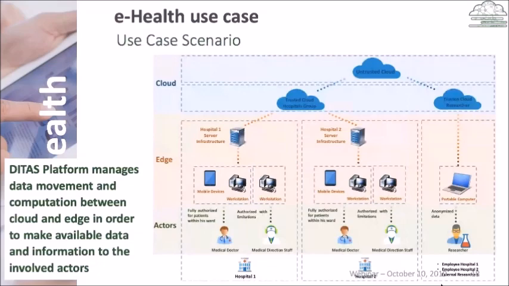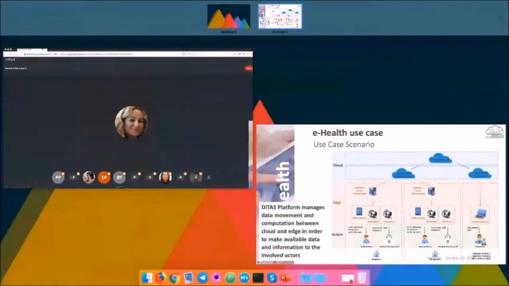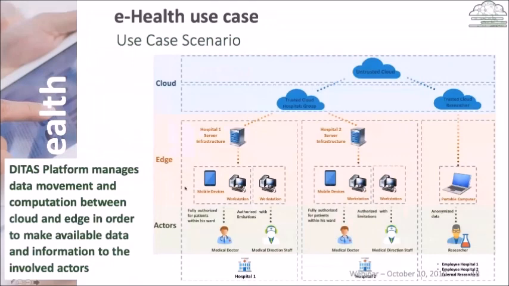This is an image of our scenario in general. We have considered two hospitals. The first one can be Hospital San Raffaele, and another one can be another hospital of the group or another site of the hospital. The idea is that we have the edge part constituted of server infrastructure and also the mobile devices or workstations used by the medical doctors or other staff of the hospital.